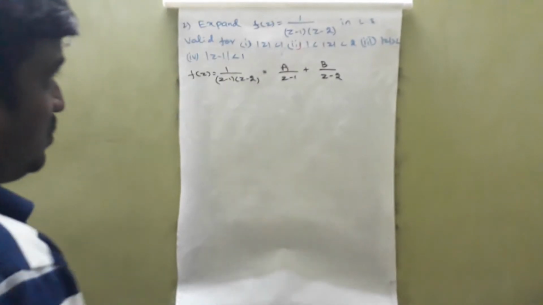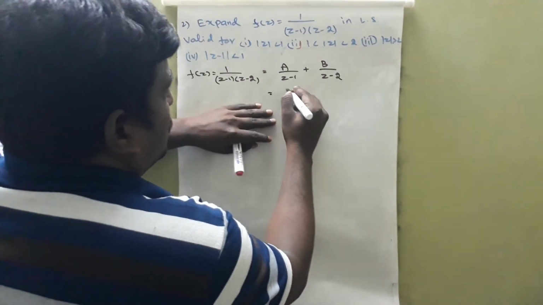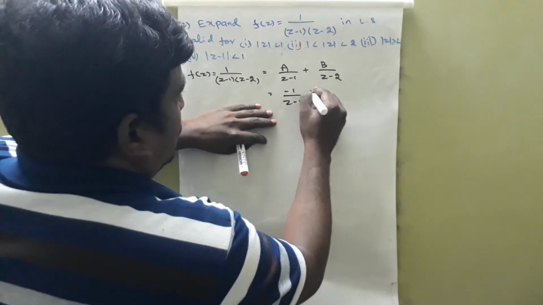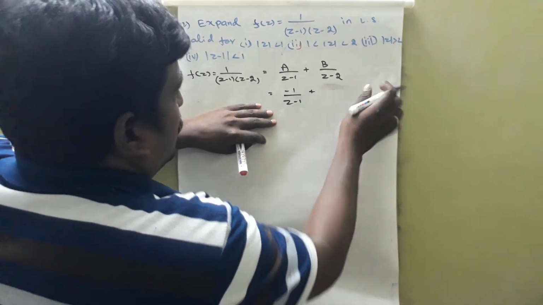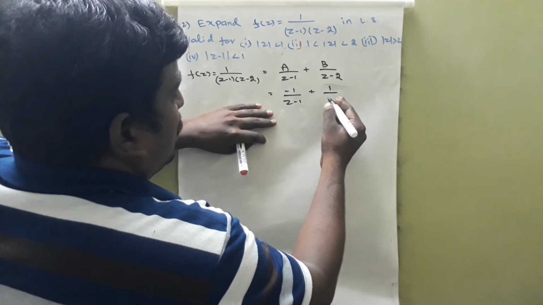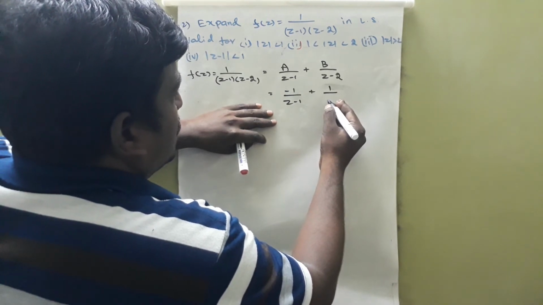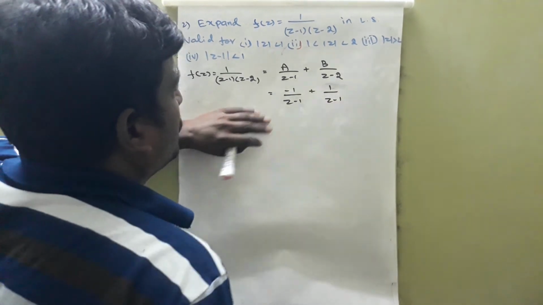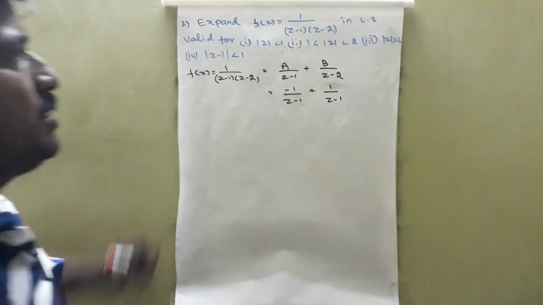My a value is minus 1, b value is plus 1. How is it possible? Very simple. Just take the cross multiplication in numerator. Just take LCM.